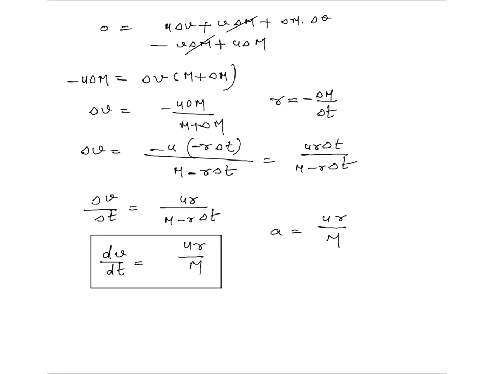So with respect to our observer, U is not constant. R is constant. Capital M is changing. In fact, capital M is decreasing.